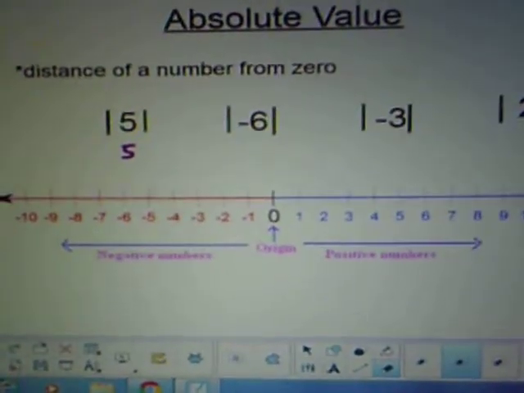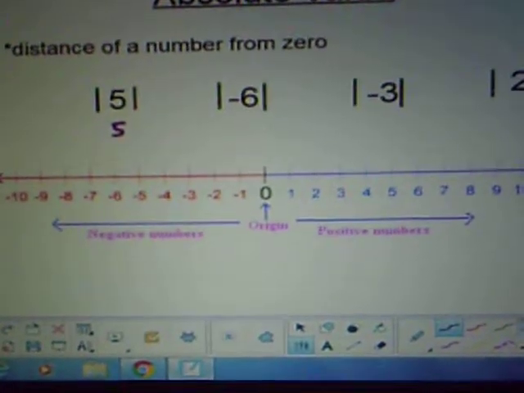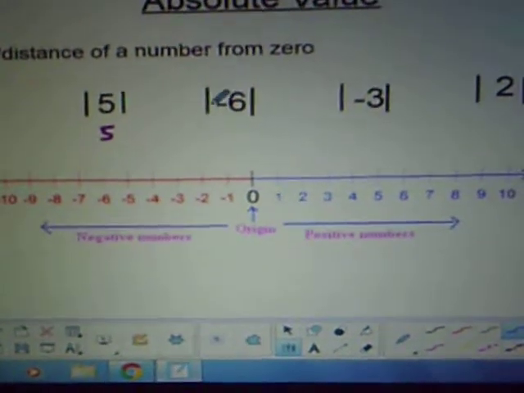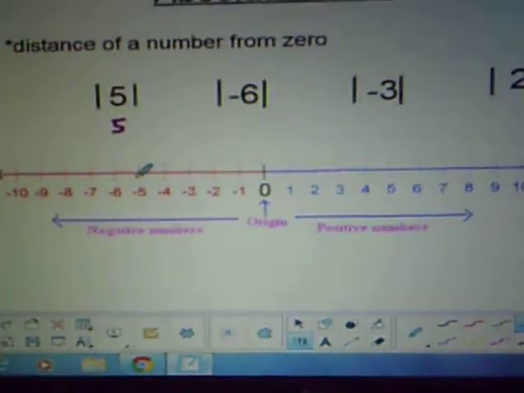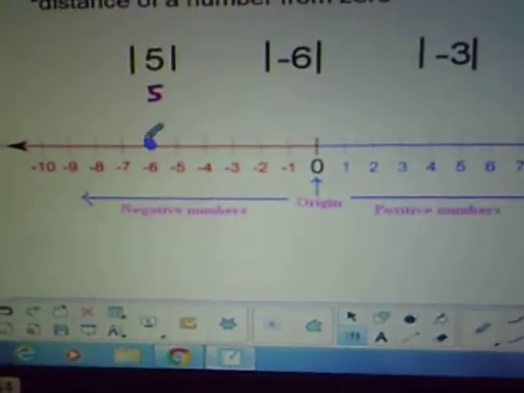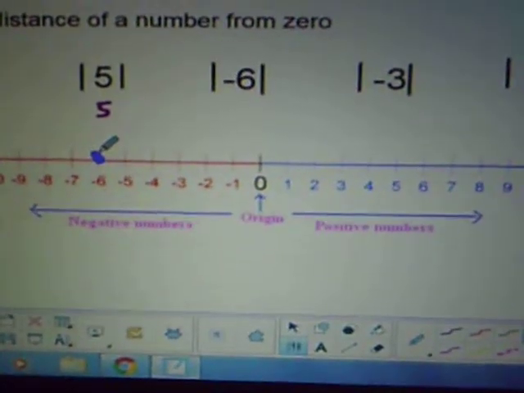Let's suppose we have this number here, negative 6. What is the absolute value of negative 6? That's what these 2 vertical lines mean, absolute value. In other words, how far is negative 6 from 0? Well, first we must locate negative 6 on the number line. There it is. Then we must count. How far is negative 6 from 0?